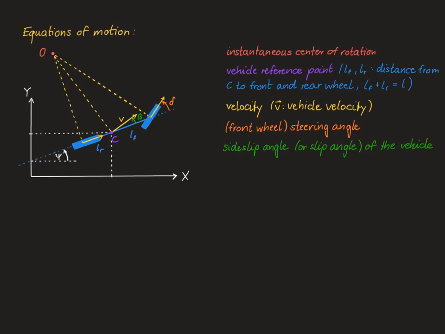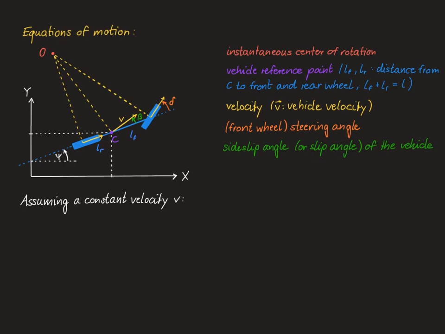The goal is now to obtain a set of differential equations that describe the motion of the vehicle, meaning the evolution of the coordinates x and y over time t, and the evolution of the yaw angle psi over time t. First, let's look at this by assuming a constant absolute value of the velocity.